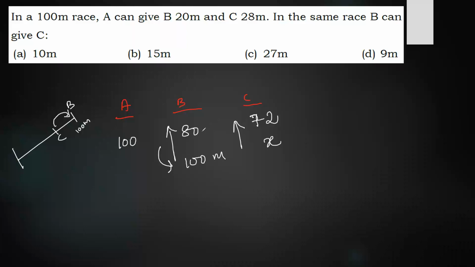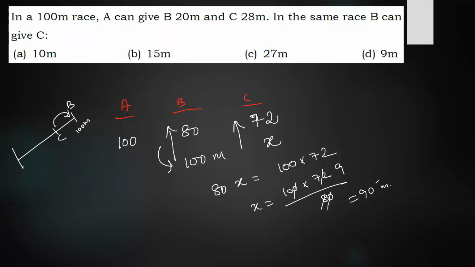For 80, it is 72. For 100, what is the distance? So we can use the direct variation method. For 80 meters, 72 is the distance covered by C. For 100 meters, what is the distance covered by C?